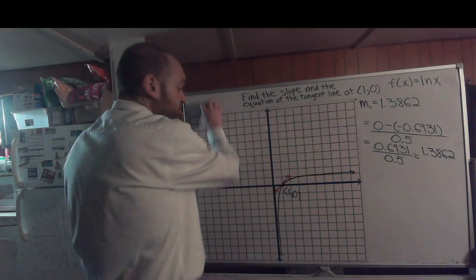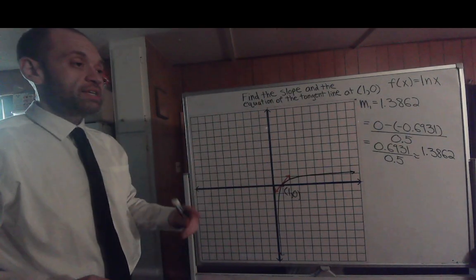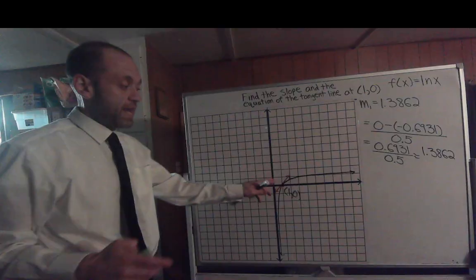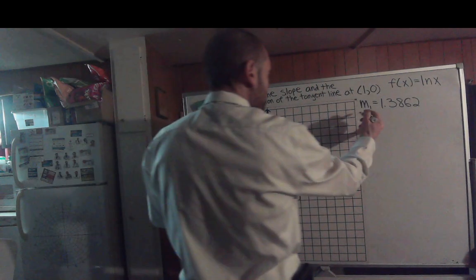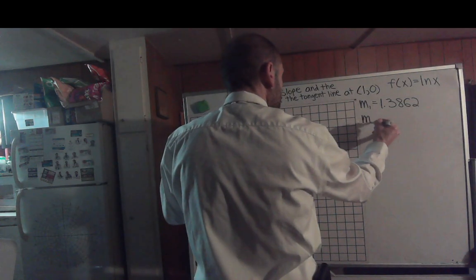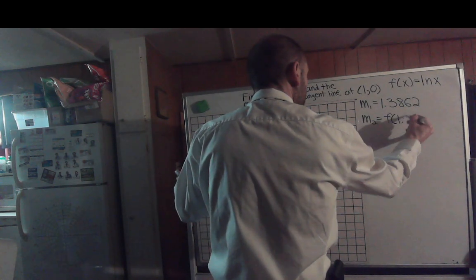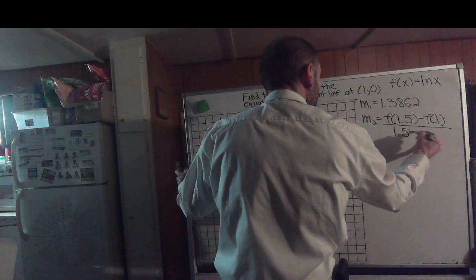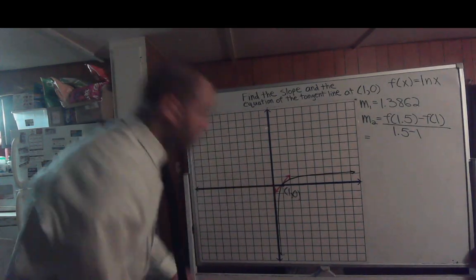Now, in order to be able to average secant lines, we need to go in the other direction of x equals 1, that same amount of units. If we went half a unit to the right, that's actually going to put us at f of 1.5. That'll put us at 1.5 for x. So the slope of the second secant line would be f of 1.5 minus f of 1 divided by 1.5 minus 1. So what is the natural log of 1.5?